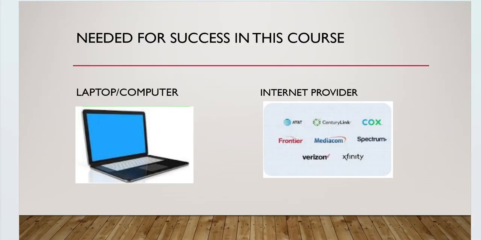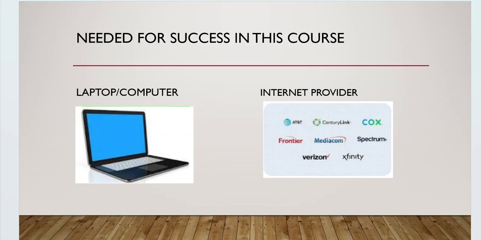What we'll need for success in this course is a laptop or computer of any kind. If you do not have one, then you can check one out from the library, the LTC building on the MCC campus.